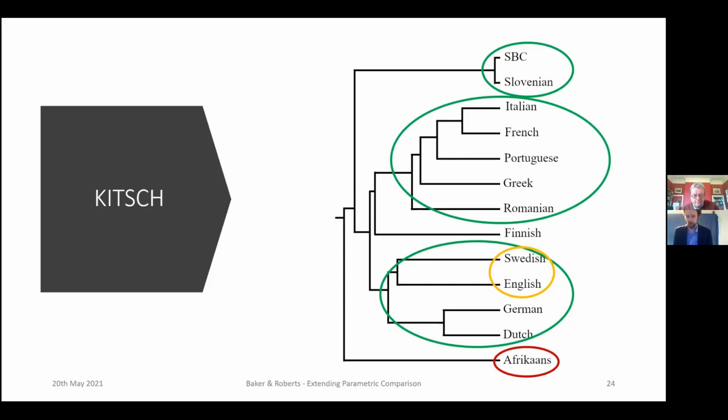The Romance languages group together, with the interesting fact that Greek groups within the Romance family, and Finnish groups outside of all the other families, but is in fact not outside of Indo-European. So we do not see here a separate Indo-European with Finnish divided off, which is perhaps what we would have expected.